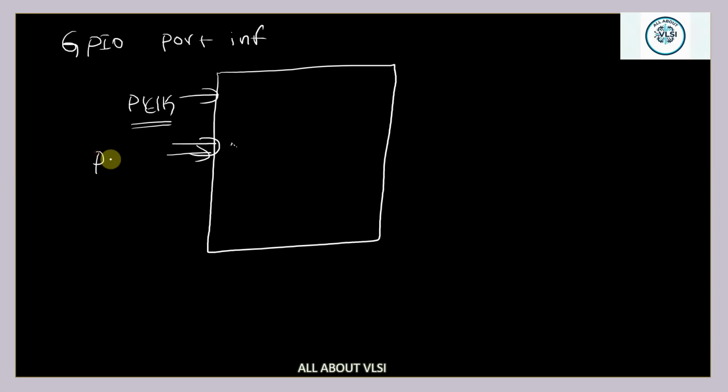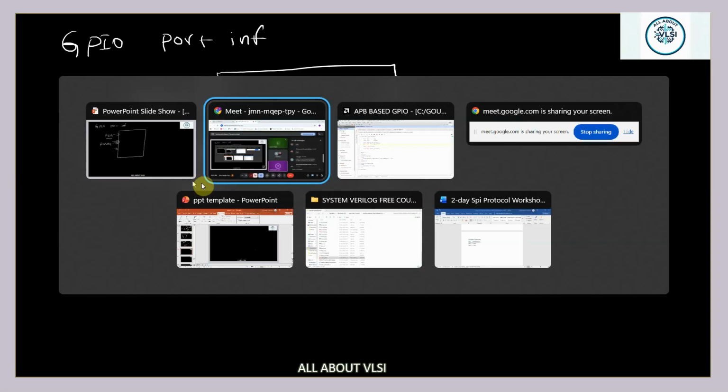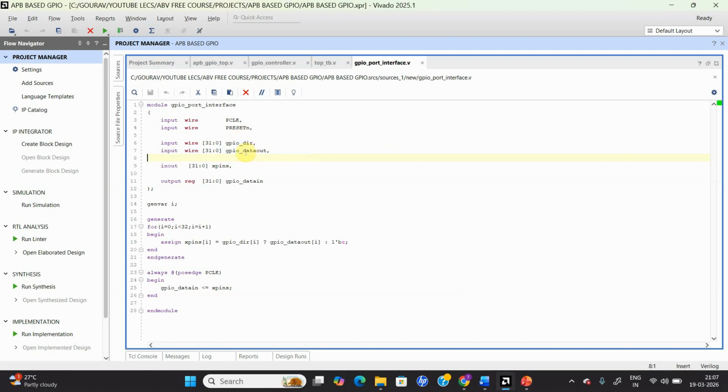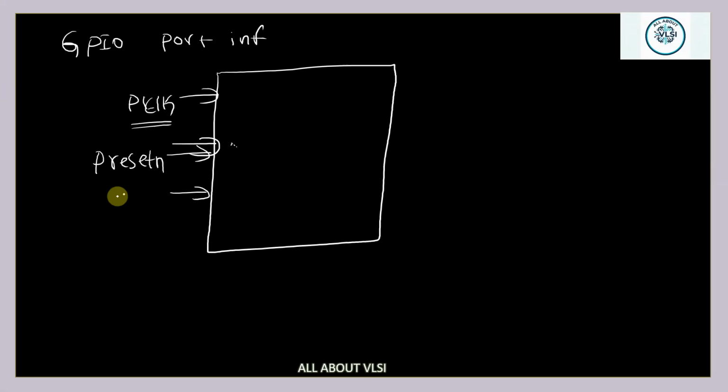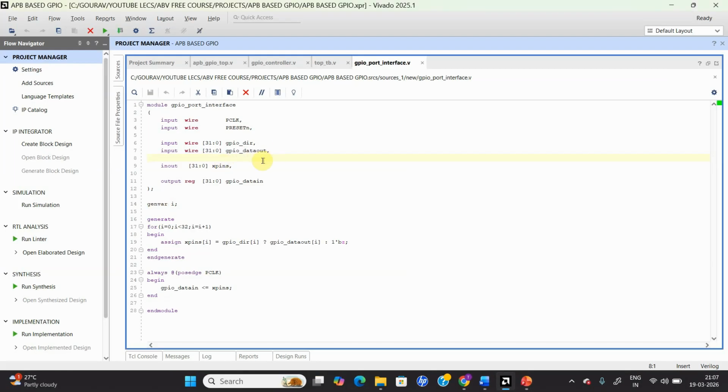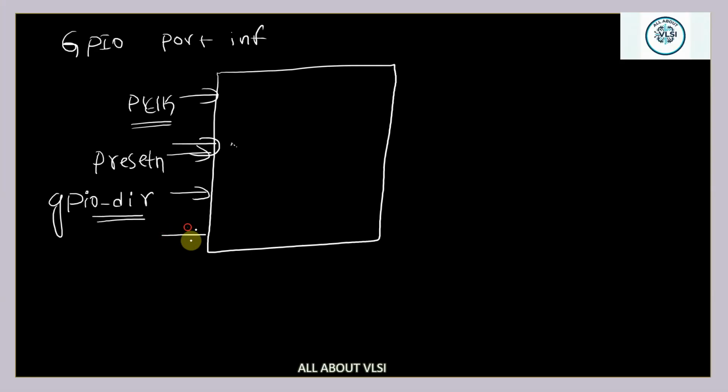So we are going to have P reset N, and one more signal for this is GPIO underscore direction. And another input is GPIO underscore data out.